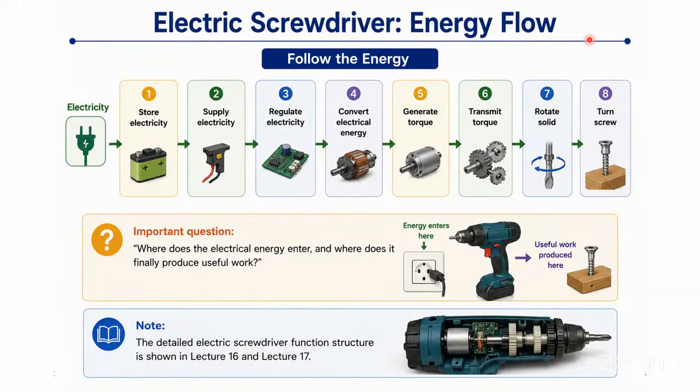Then you generate the torque, transmit it, rotate the solid and turn the screw. So this is flow of energy. So where does the electrical energy enter and where does it finally produce the useful work? So it is going to start here, and then the useful work produced is turning of the screw.